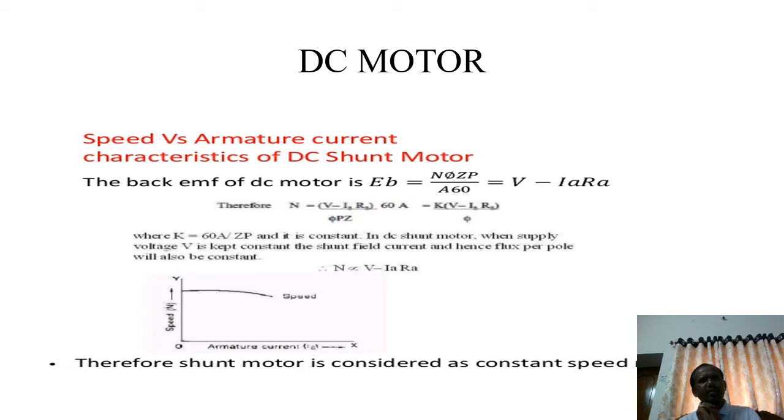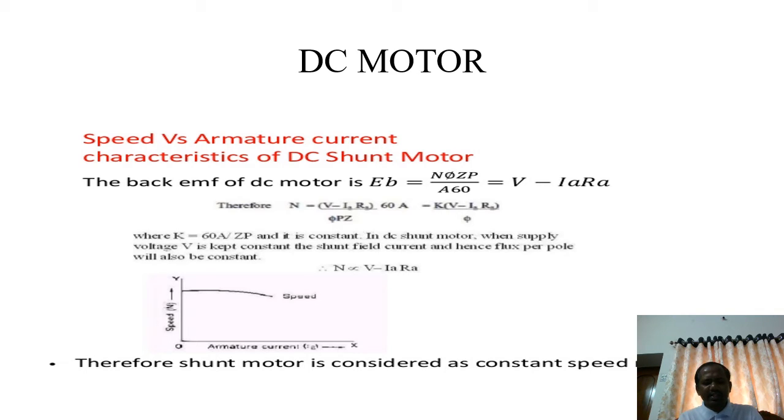Then N is directly proportional to V minus Ia Ra, so the voltage also decreases. When Ia increases, the speed of the machine also decreases, at a very small rate.